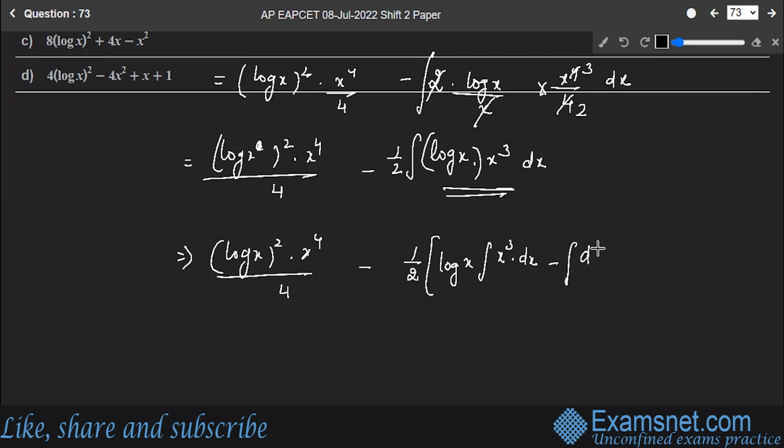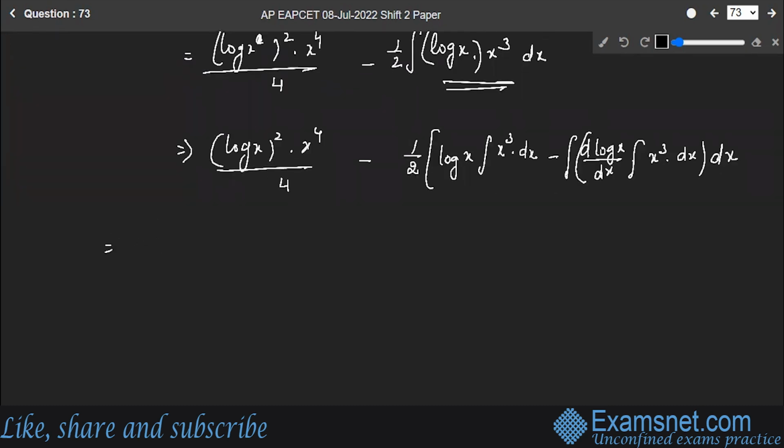Integral of derivative of log x into integral of x cube dx, this whole thing, right?